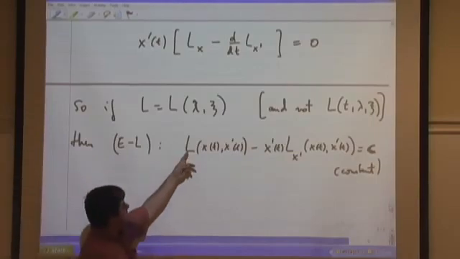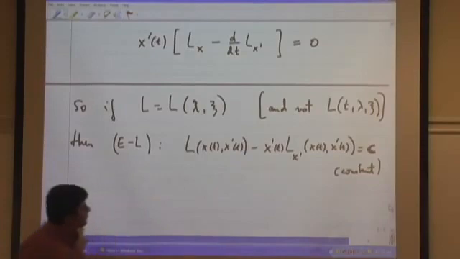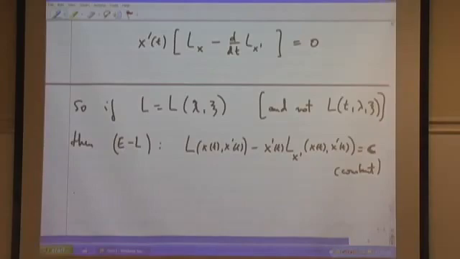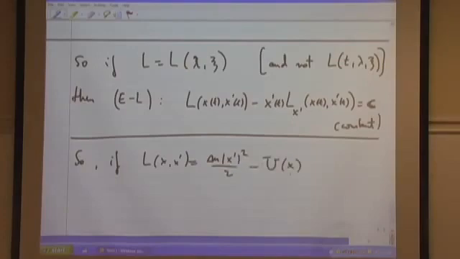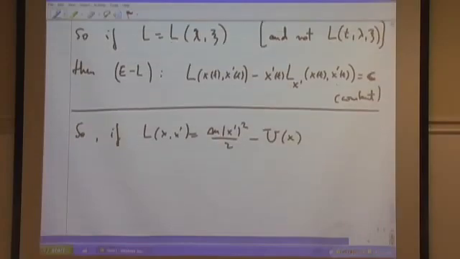Well, if you go back and plug this into the Lagrangian, so if L of x and x' is m x' squared over 2 minus u of x, then h of x, the Euler-Lagrange equations for this look the following way.